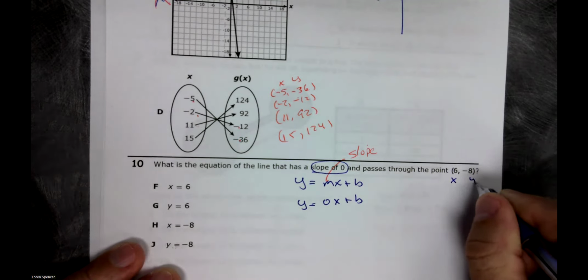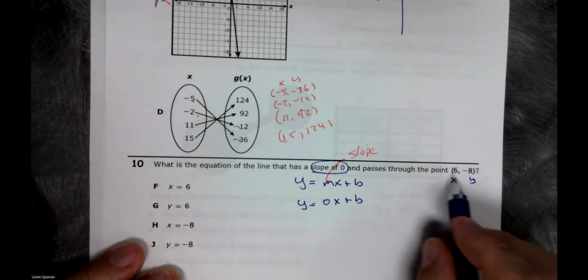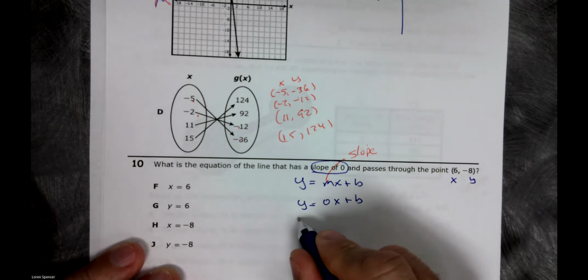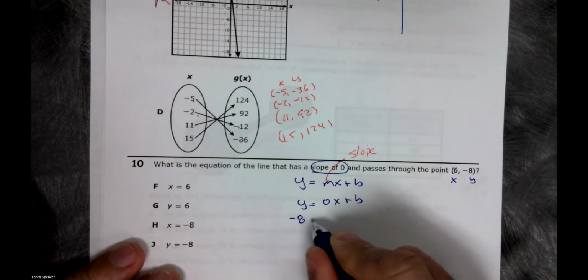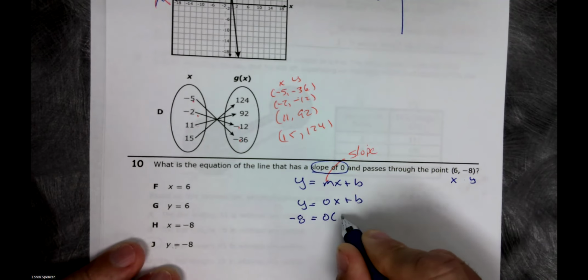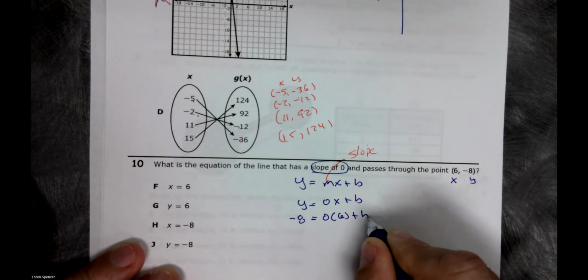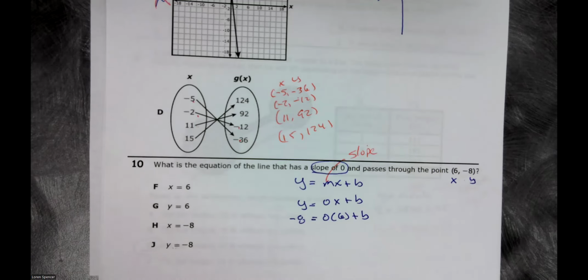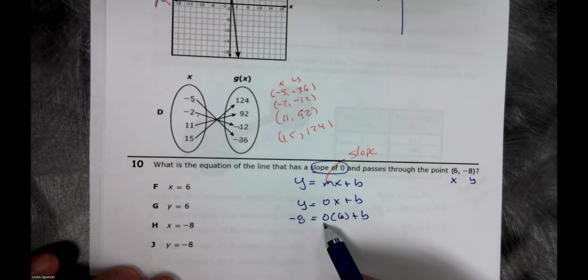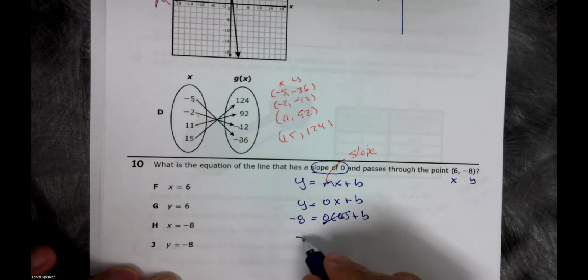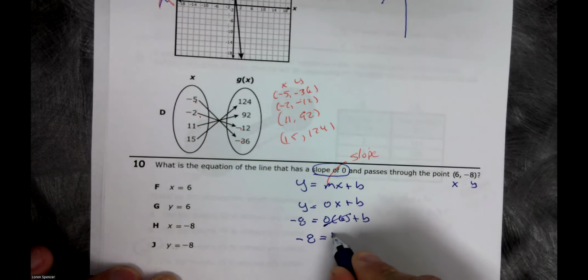But they gave me my x and my y, so I can plug in those values. So now I have -8 equals 0 parentheses 6 plus b. So when I do that, what happens to this? This goes away. So now I have -8 equals b.